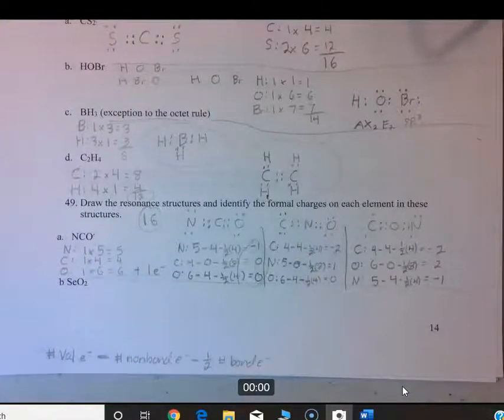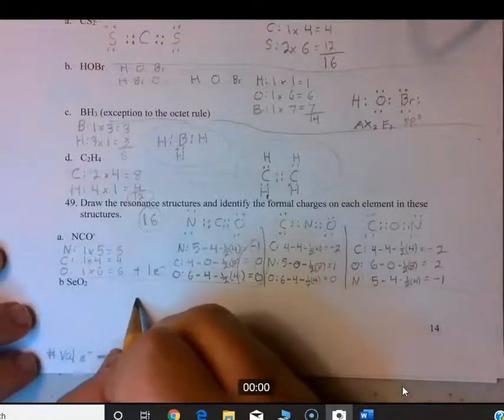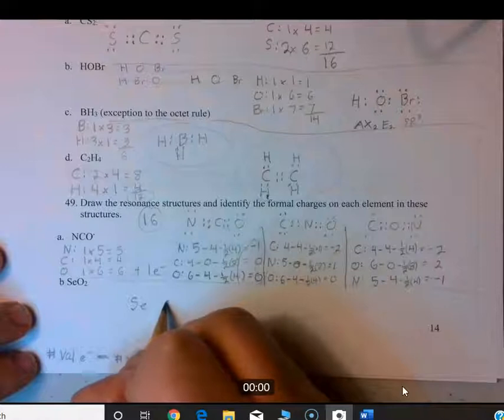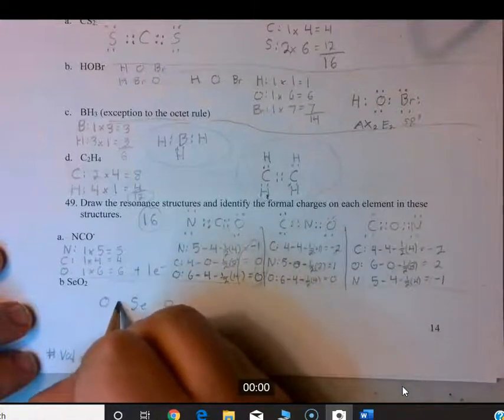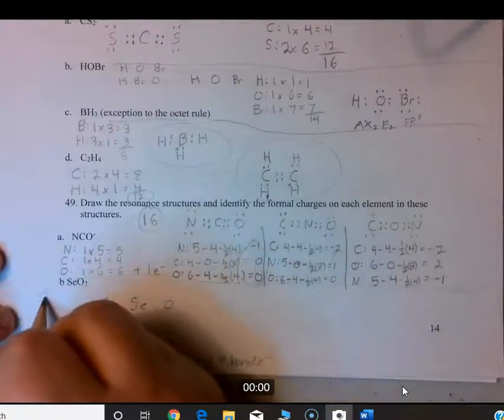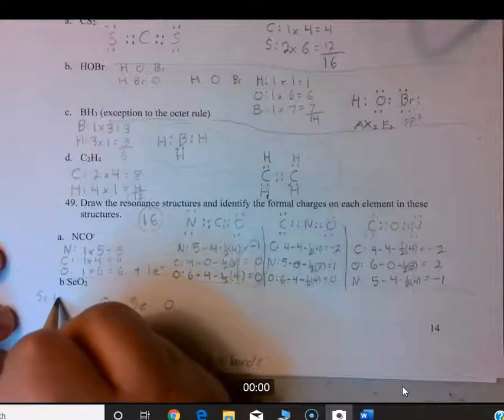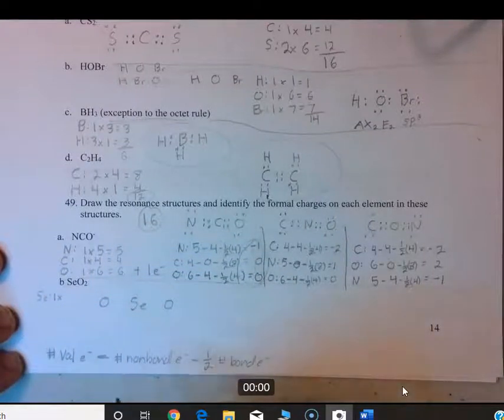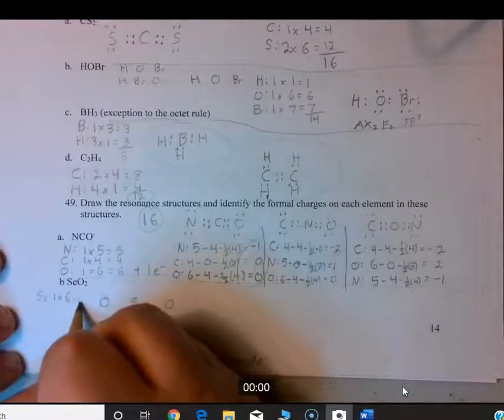All right, let's do the next one, which is SeO2. So we're just, again, going to assume it's symmetrical until we know otherwise. Se is 1 times 6 equals 6.